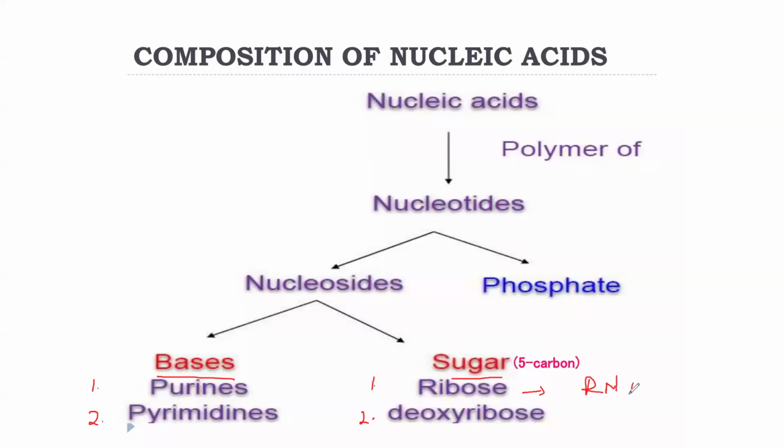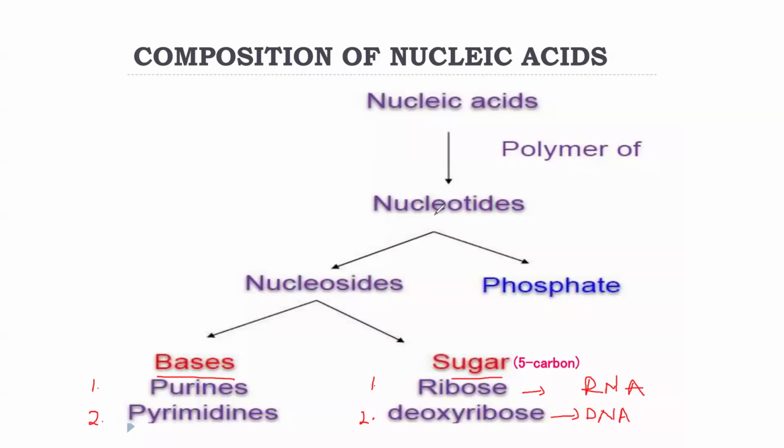Please, we should put this at the back of our mind that the ribose sugar is only found in RNA, while the deoxyribose sugar is found in DNA. So I think from now you will begin to understand some basic differences between DNA and RNA: the RNA has ribose sugar, while the DNA has deoxyribose sugar.